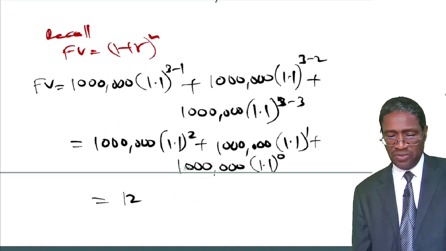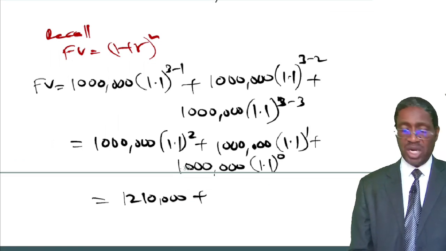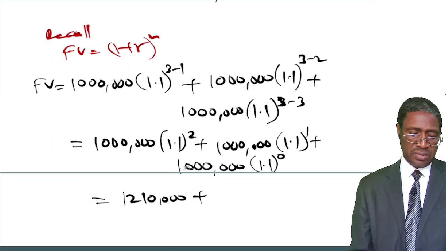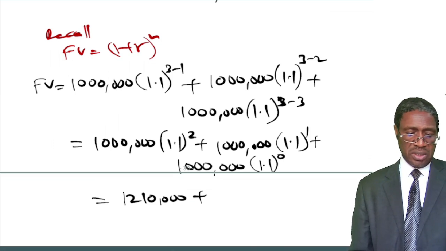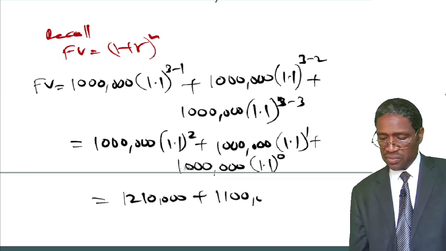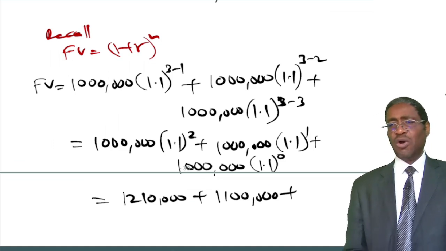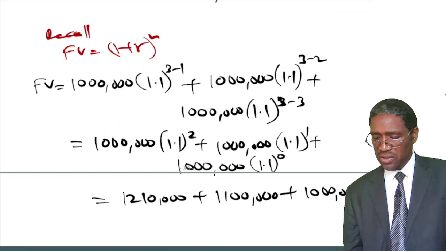That will be 1210 plus. Second year, it will be again 1 million, 1.1 to the power of 1. That is the same 1.1 times 1 million. That gives me 1100 plus. Of course, I've told you any power raised to 0 is 1. That will be 1 million.